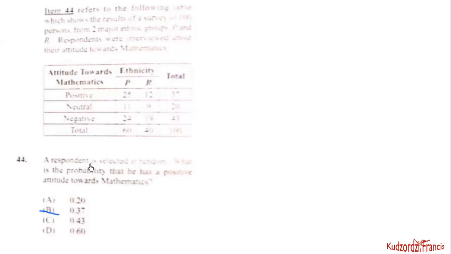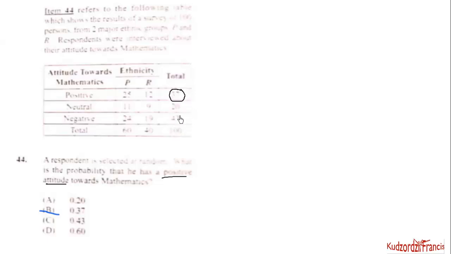Now a respondent is selected at random. What is the probability that he has a positive attitude towards mathematics? So you go straight to the two-way table column. Then the positive attitude, you look for the number of people who had positive attitude towards mathematics, and that number is 37.